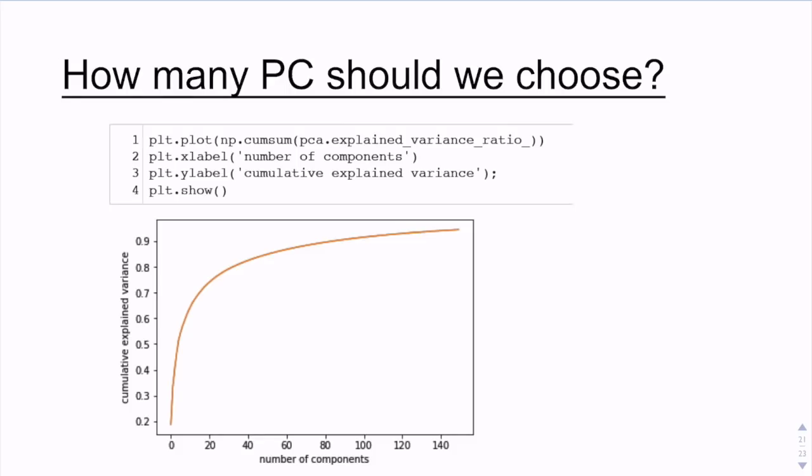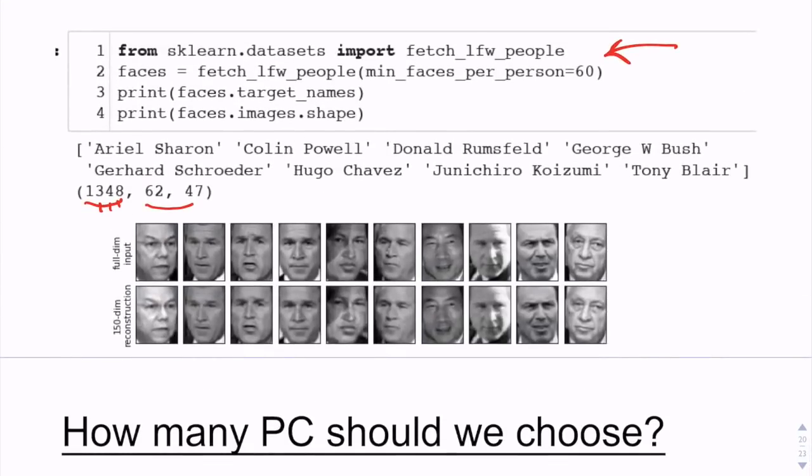So initially, as you see, for each image we have 62 by 47 pixels.